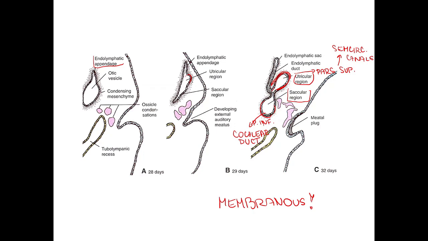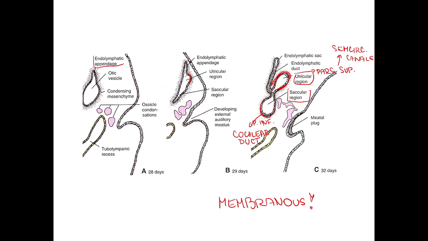So what is going to happen? As you know, the 3 auditory ossicles will develop from this mesenchyme adjacent to the tympanic cavity, but they are actually from the mesenchyme of the 1st and the 2nd pharyngeal arch.